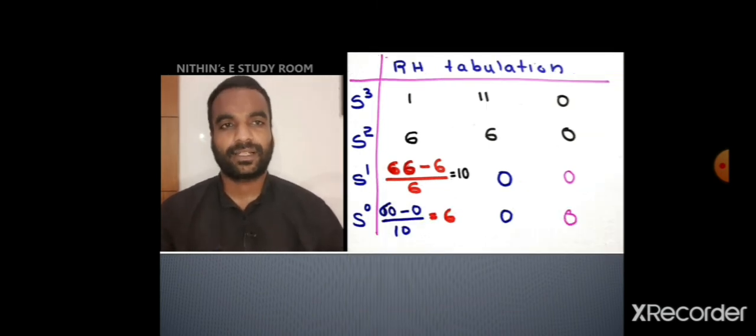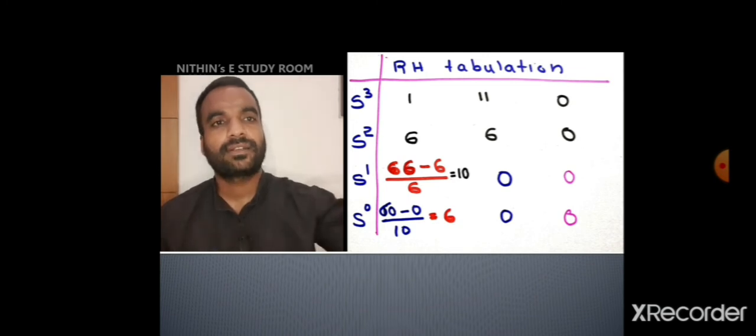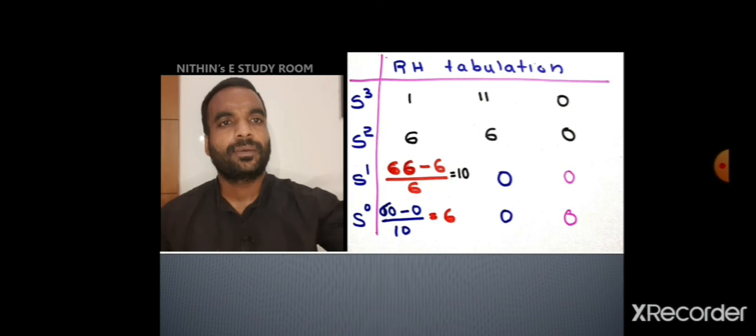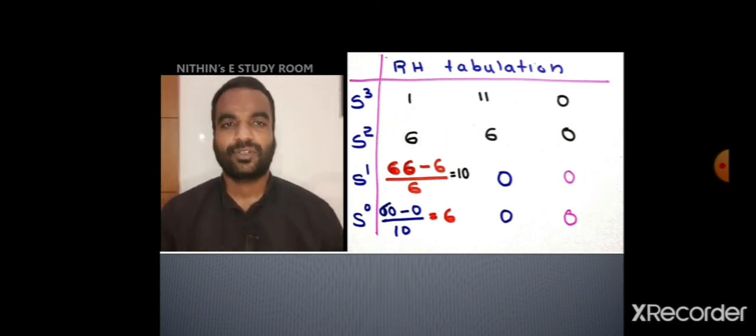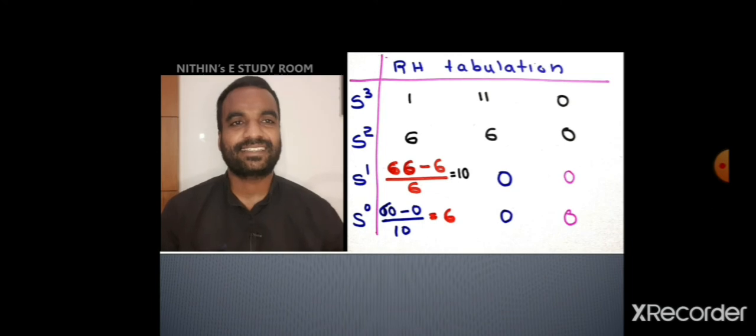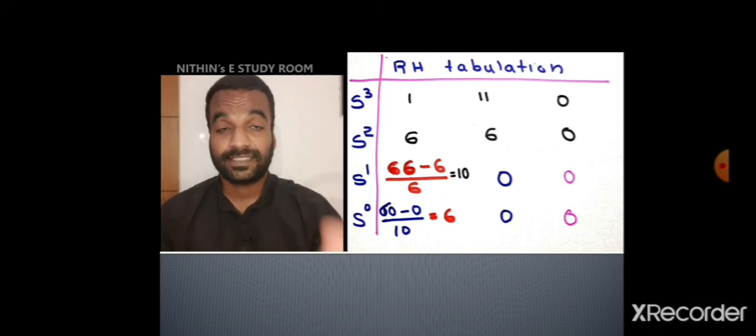And the other one will definitely become 0, because it is 10 into 0 minus 6 into 0. Don't need to calculate, it will become 0. So this is the case. Now please check the first column elements: 1, 6, 10 and 6.